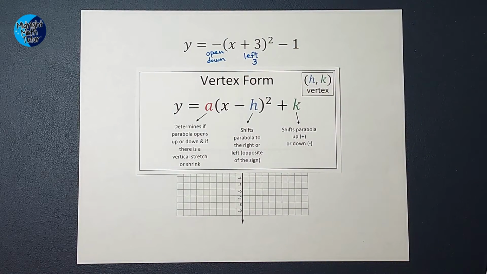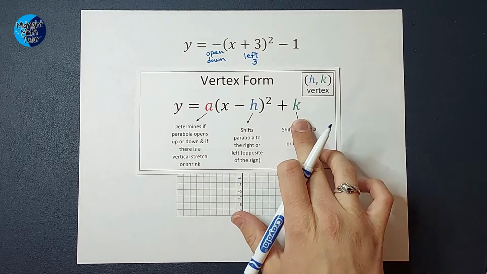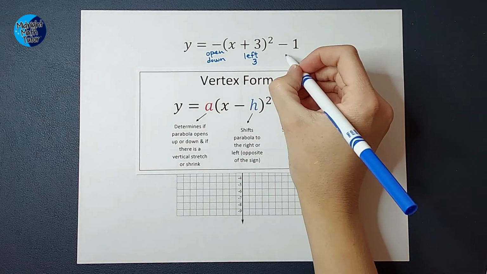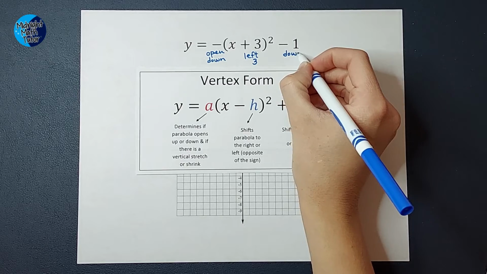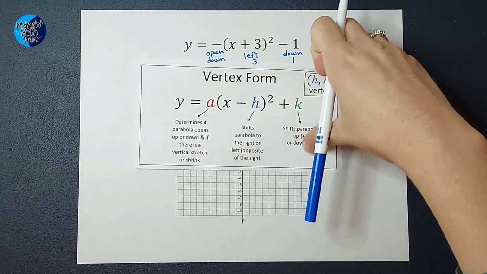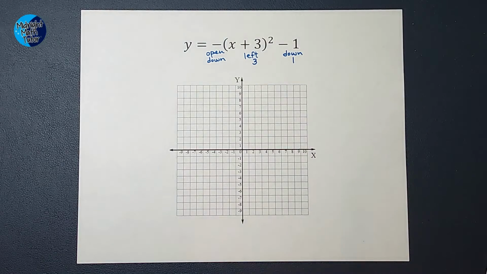And then we've got that -1 on the back, which tells me how much my graph goes up or down. You stick with the sign on this one, so since it's negative, we're going to go down 1. Stick with me if you're wondering what I'm talking about. Remember, a parent graph.